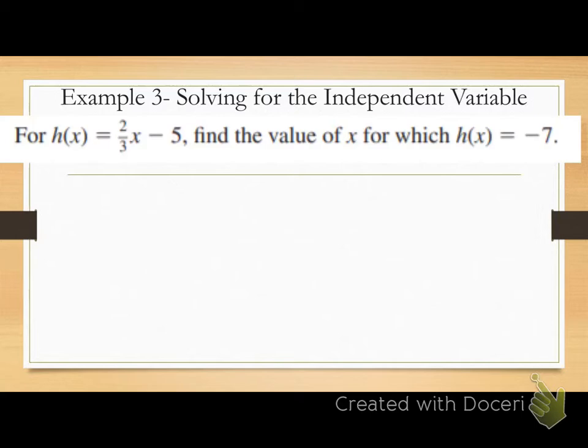Okay, example 3. For h of x equals 2/3 x minus 5, find the value of x for which h of x equals negative 7. Any ideas what to do here? Can anyone help me out? Raise your hand.